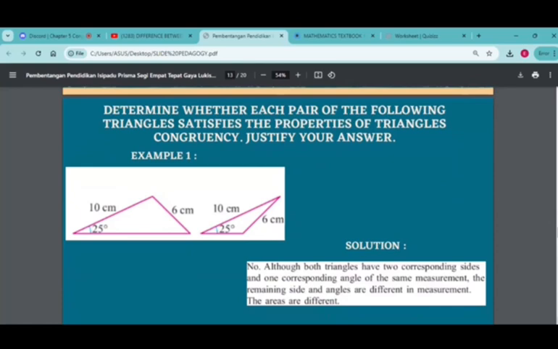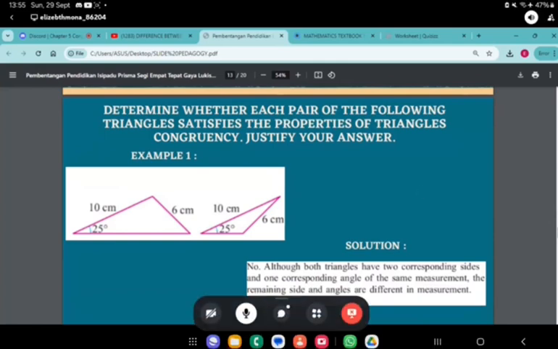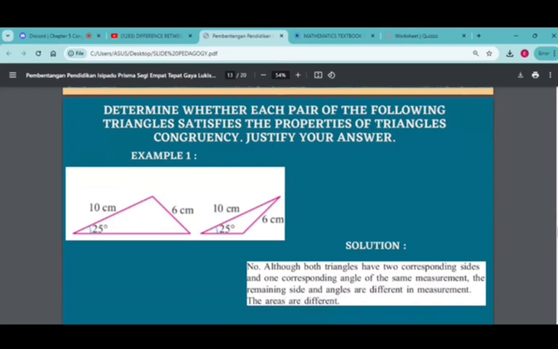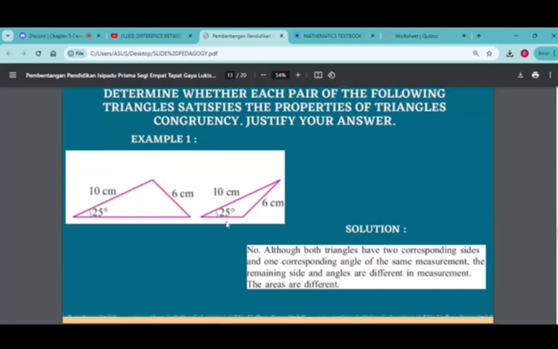Okay, for the next slide, determine whether a pair of the following triangles satisfies the properties of triangle congruency. Justify your answer. Alvin, for example 1, what is the solution?